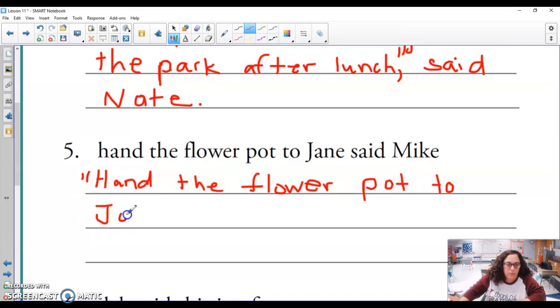And this is where Mike stops talking. So again, we put a comma so we can pause, quotation marks, and then "said Mike." And "Hand the flower pot to Jane," is that a telling sentence, an asking sentence, or an exclaiming sentence? Yes, it is a telling sentence, so you put a period.